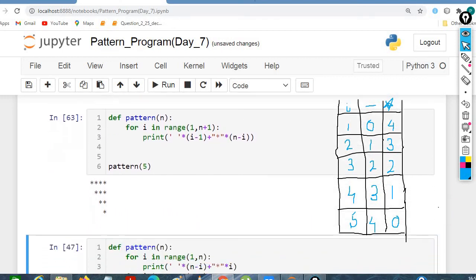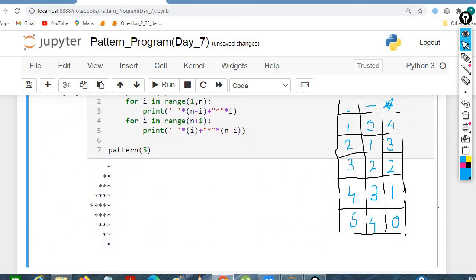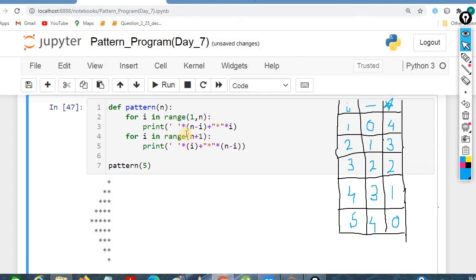And the next one, we are going to combine the above two logics into one. Here also I am starting this range from 0 so that we can get the desired output, not the equivalent output. If I put 1 here, then there would be an issue of mismatching of the spaces.